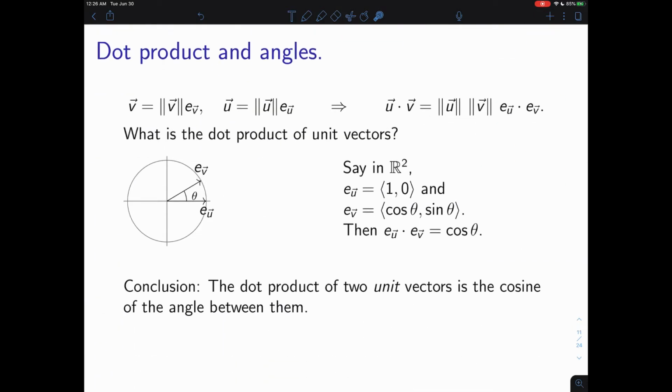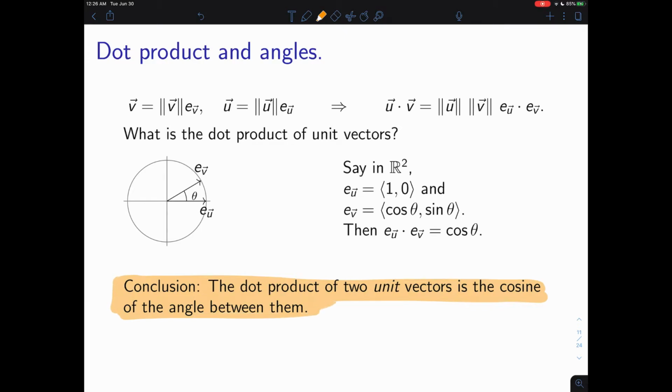Aha. All right, so this is the general rule that we're discovering. In general, the dot product of any two unit vectors is the cosine of the angle between them.